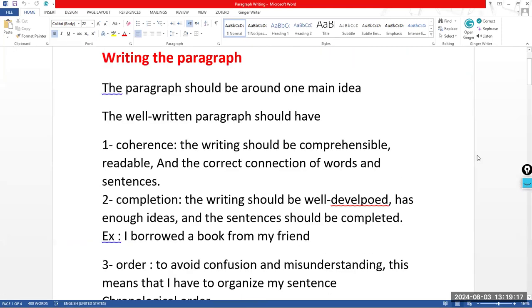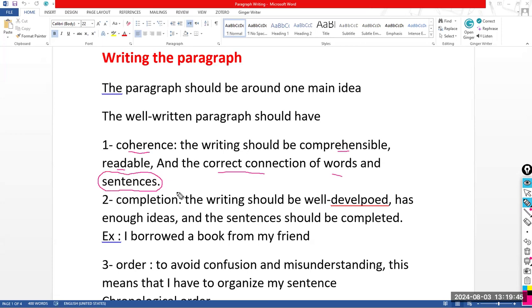Yes, okay. So if you want to write any piece of writing, not only a letter to be honest, you have to keep 4 steps in your mind. 1, coherence. Coherence means your writing should be comprehensible. Your writing should be readable. And there should be correct connection of words and sentences. Please, if you want to write a letter, you have to use a variety of sentences.